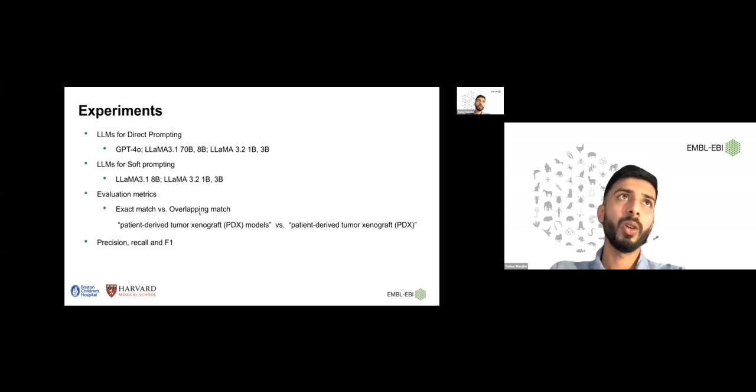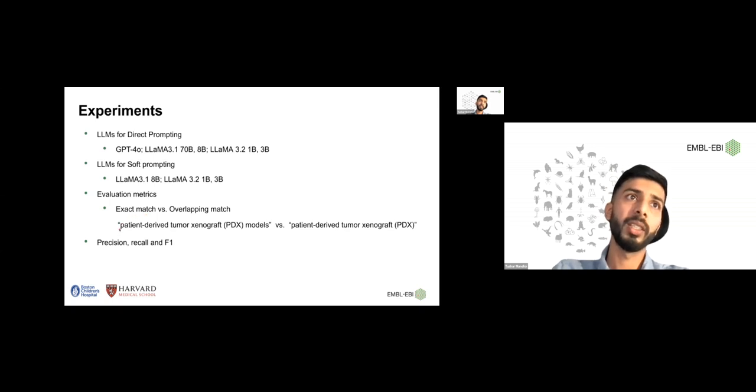Since now we know about the implementation, let's have a look at the experiments that we did. We used GPT-4o and Llama family models for the direct prompting. And for soft prompting, we focused on the smaller models from the Llama family for our experiments. For evaluating the results, we used two types of matches. First one being exact match, which is a strict match between the entities and the ground truth.